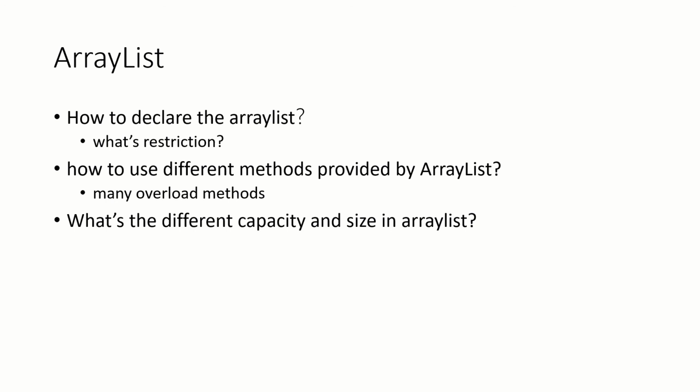So you say this event can host up to 20 people, which is the capacity, and actually 10 people have signed up for this event, which is the size. This is how you understand the difference between capacity and size for the ArrayList.